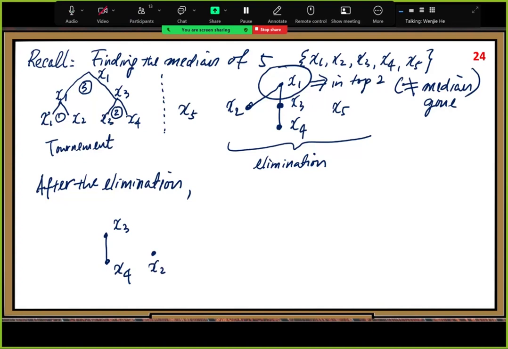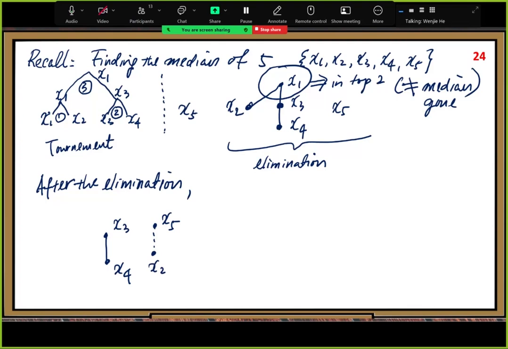But X5, X2, can we pair X5 and X2 for the remaining tournament method? Now we have 4 elements remaining, right? Can we apply the tournament method again to do the remaining part of the work?